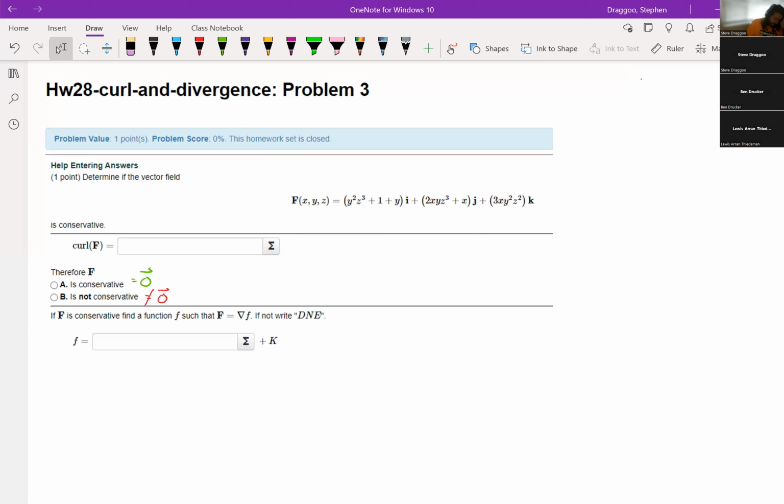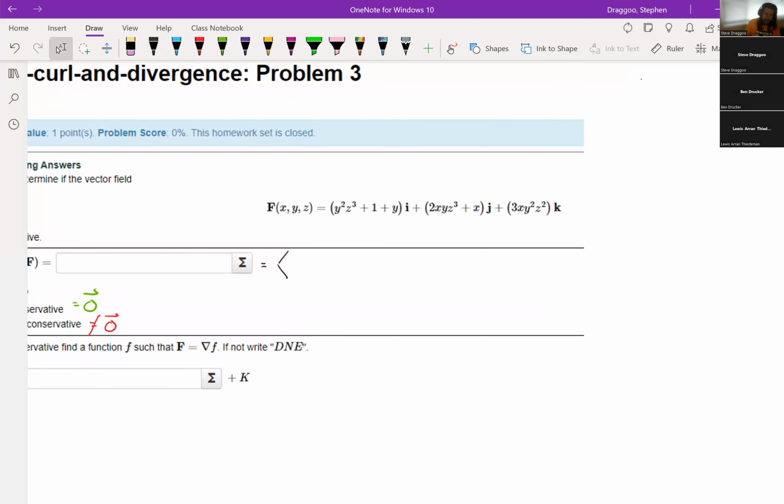So if we take a look at that curl of f, similar calculation to the one that we saw above, I need r partial y. Again, we'll just relabel things again. That guy is going to be r. This guy is going to be q. This guy is going to be p. P, q, and r. And we'll take our curl.